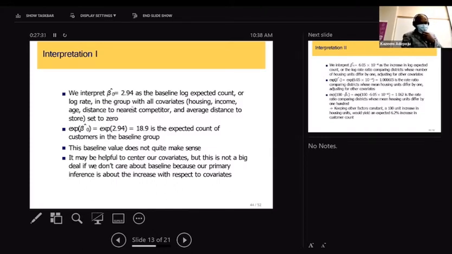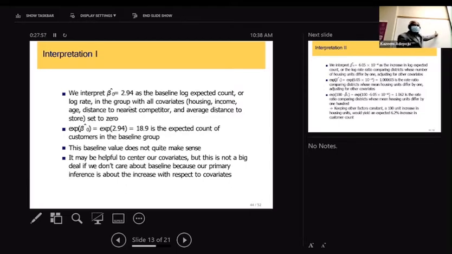If I have log expected count and I remove the log, what am I going to have? Expected count.